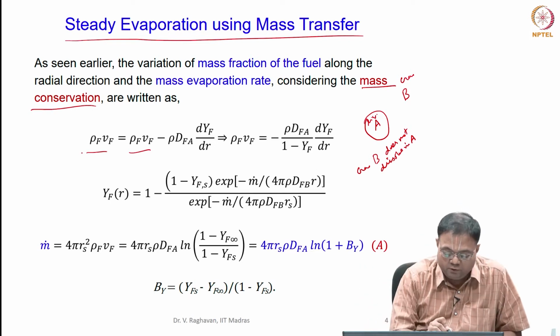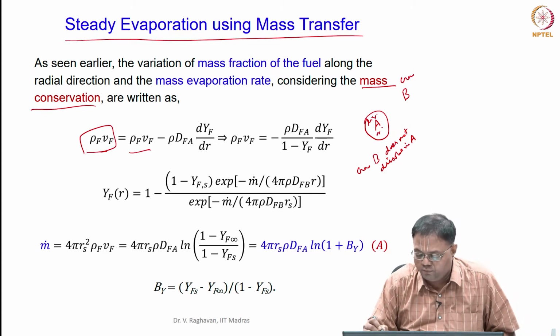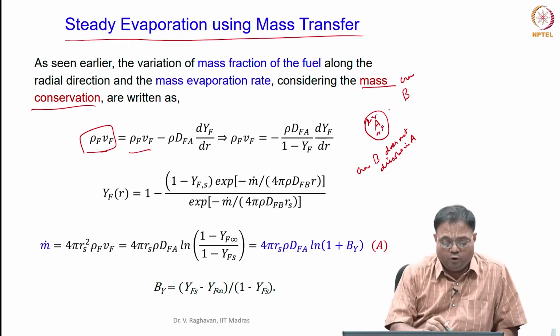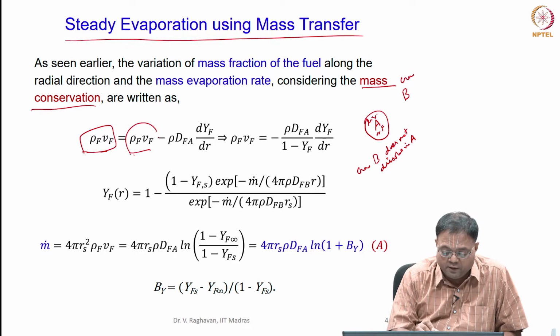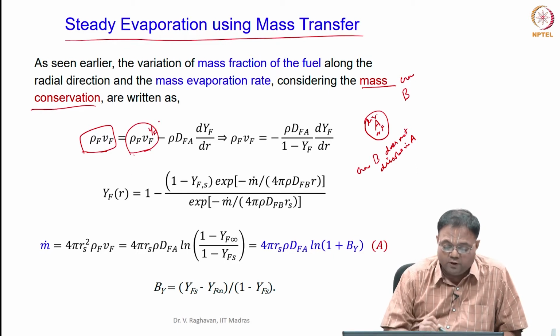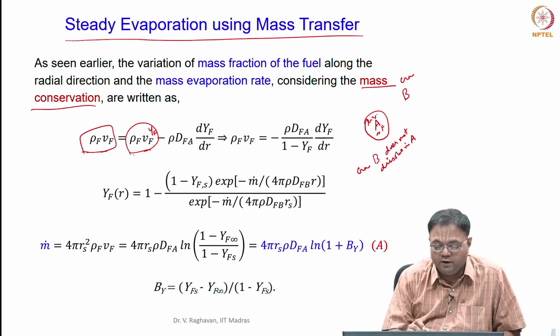So, the total mass flux will be only that of the fuel, here A or fuel F, whatever we can say. So, the net flux is that of the fuel, and it will be written like this: rho F, VF, YF minus rho DFA.